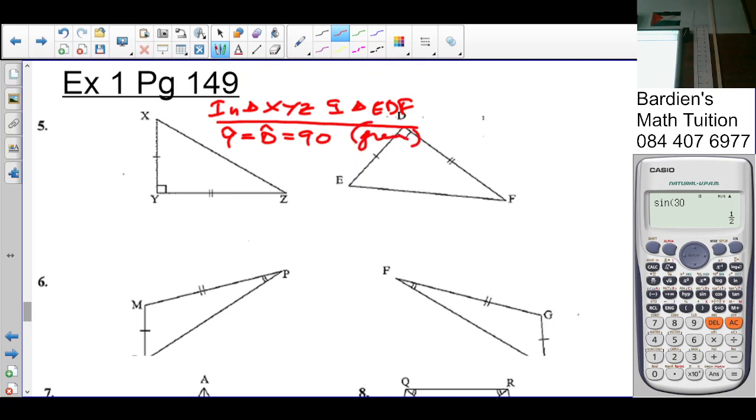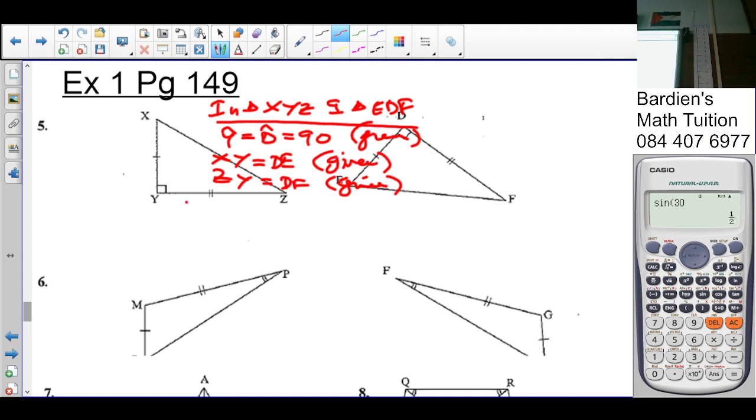Next, XY is equal to DE, given. One more. ZY is equal to DF, given.